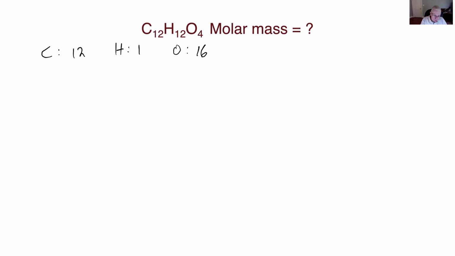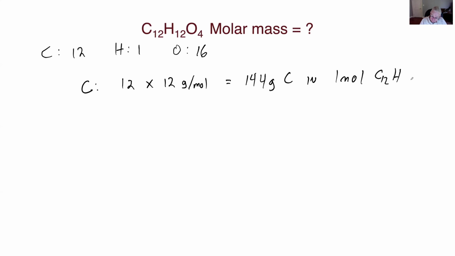And the way I'm going to do this is I'm going to be quite systematic about it. I'm going to say for the carbons, I have 12 of those, and each one is 12 grams per mole. Okay, so that says I have 144 grams of carbon in 1 mole of my compound. For my hydrogens, I have 12 of them times 1. So that says I have 12 grams of hydrogen in there.